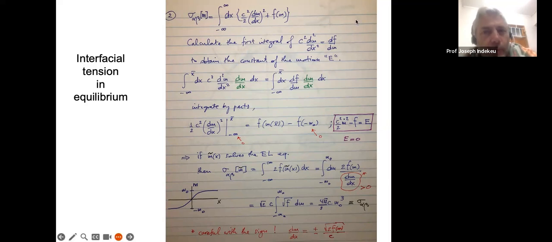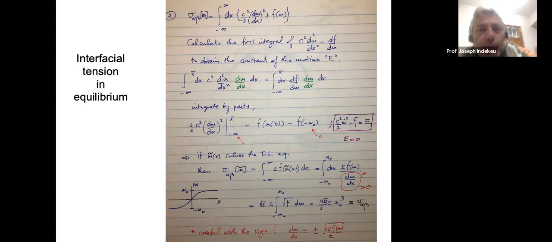And before doing that, we notice that our calculation will simplify a great deal if we use the mechanical analogy again, and we calculate the so-called first integral of the Euler-Lagrange equation, which is also called the constant of the motion.